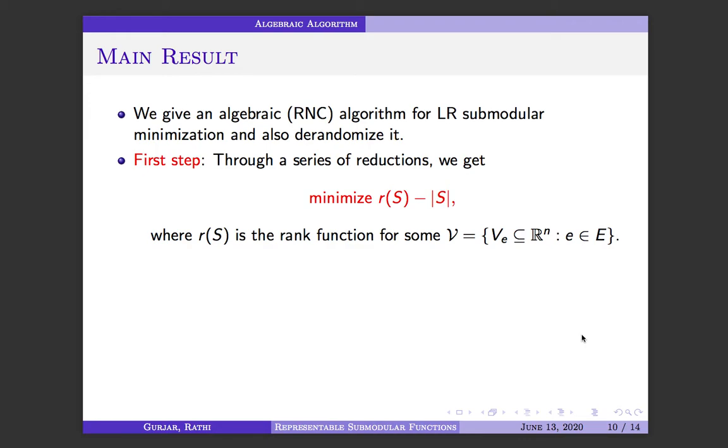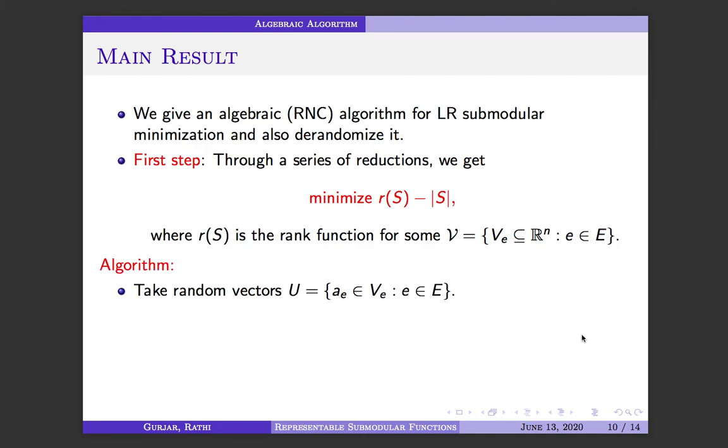Note that here cardinality of S is a linear function, and that's why it remains submodular even if you take the negation of it. Such reductions are also known for general submodular functions, but instead of this rank function r, you get arbitrary non-decreasing submodular functions. So now how do we minimize this simple submodular function r of S minus S?